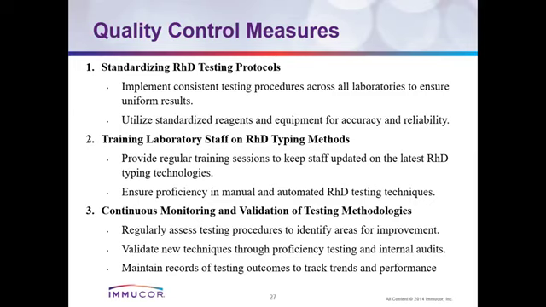Then we need to also embark on training laboratory staff on RhD typing methods. So we have to provide regular training sessions, and this is one of the platforms we are using to update you with some knowledge for those who had never known. And also if there are any upcoming updates or technology, we bring them on board and make sure you get trained.